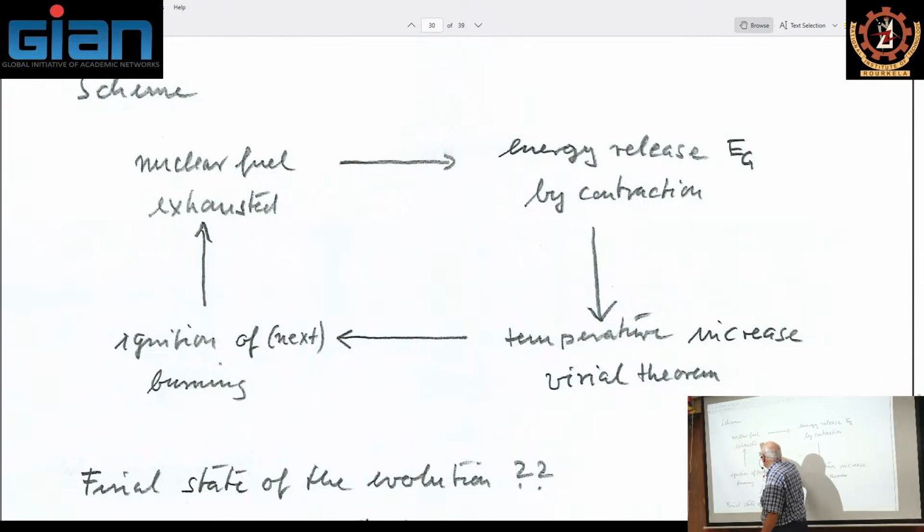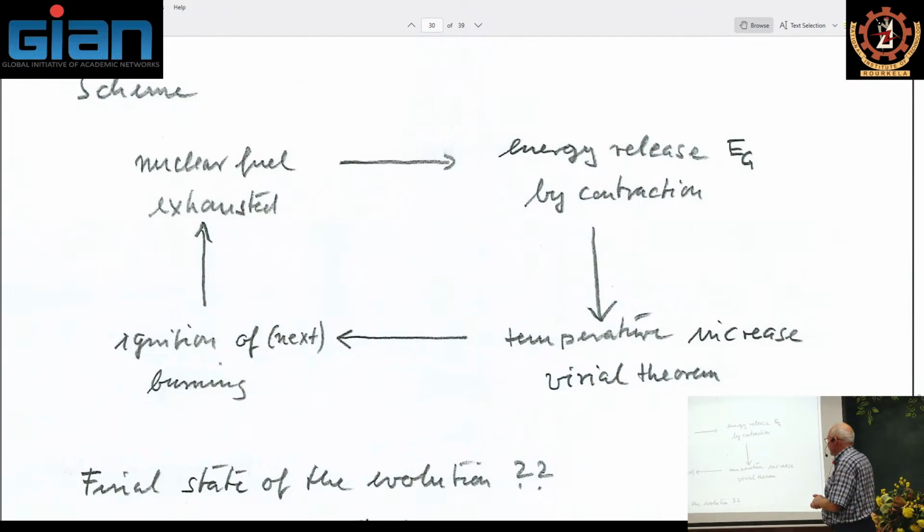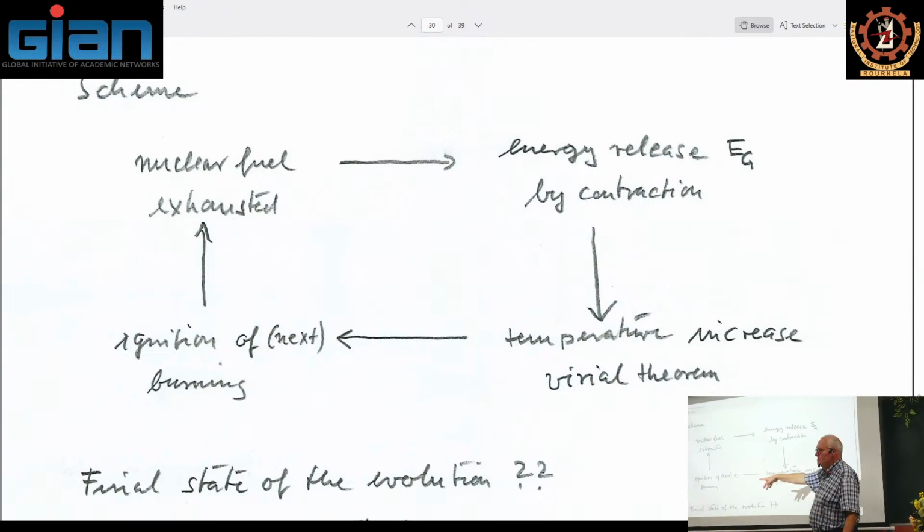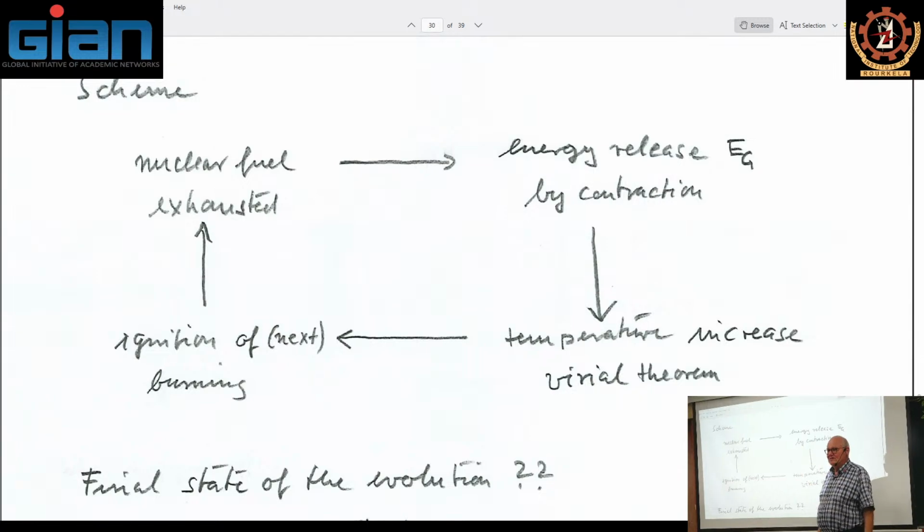Nuclear fuel is exhausted. The star releases again energy by contraction, then temperature increases according to the virial theorem, and so on. And this cycle continues for several times until, well, now we come to the question, what will be the final state of this evolution?